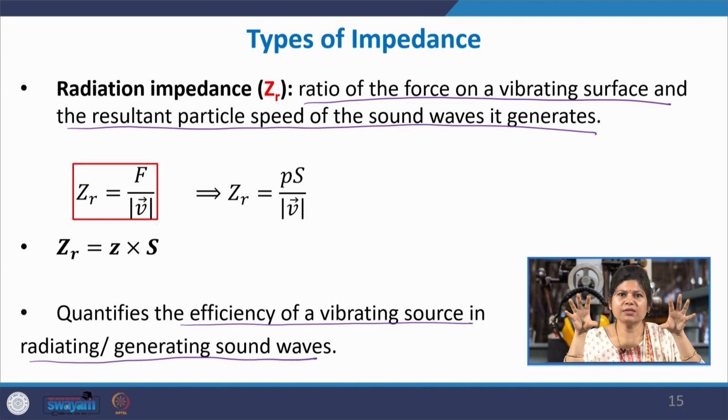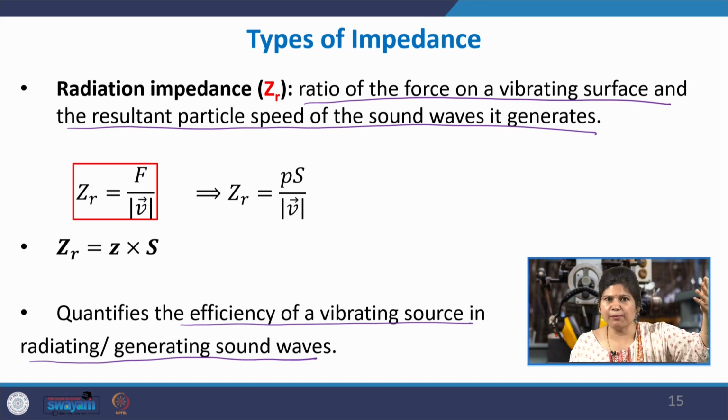So, both the spheres are pulsating with the same force, but with one sphere we are getting much larger amplitude sound waves, whereas with the other sphere we are getting smaller amplitude sound waves. So, both are not generating an equal amount of sound, which means that inherent to that solid structure which is creating the sound, there is some form of impedance element there itself.